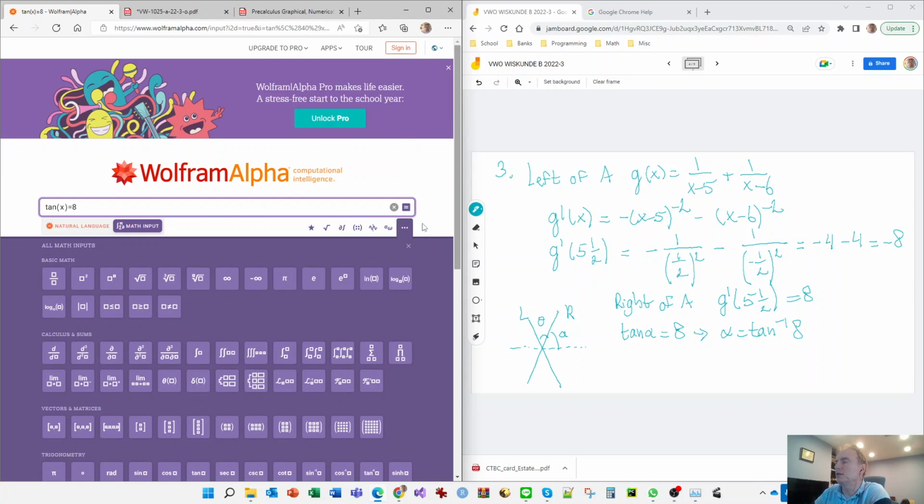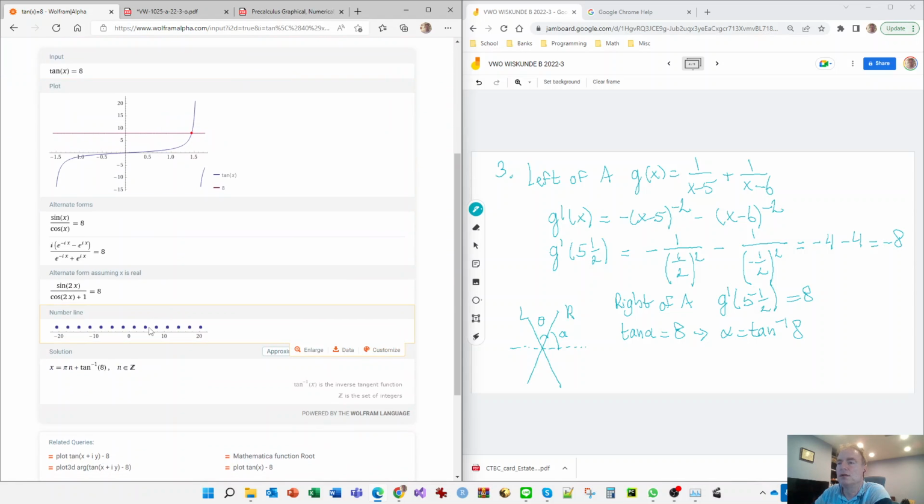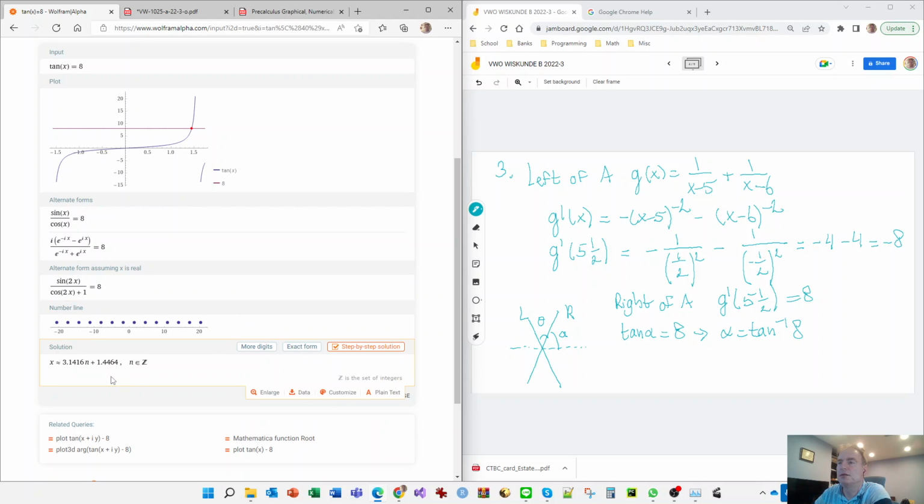This is in radians. The approximate form to get something numerical is 1.45 radians.